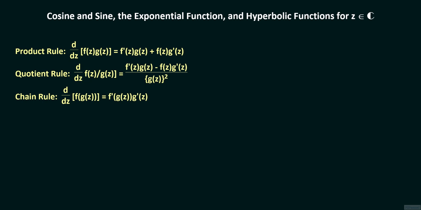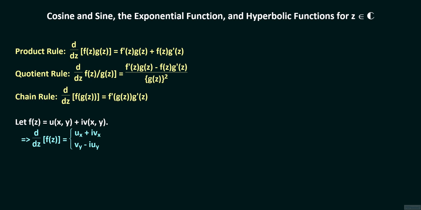Before we find the derivative of cosine z, we first show that the derivative of e to the z power is itself. Let f of z be equal to u of x,y plus i times v of x,y, where u and v are real valued functions. Assuming that f prime exists, f prime is equal to u sub x plus i times v sub x, where u sub x and v sub x are the partial derivatives of u and v with respect to x. f prime is also equal to v sub y minus i times u sub y.